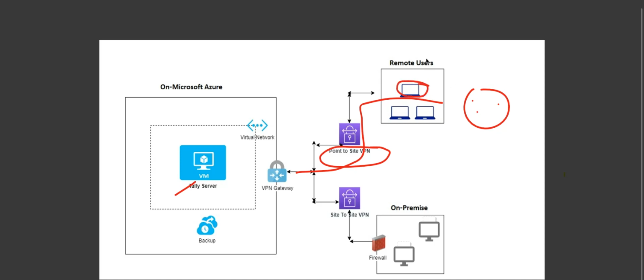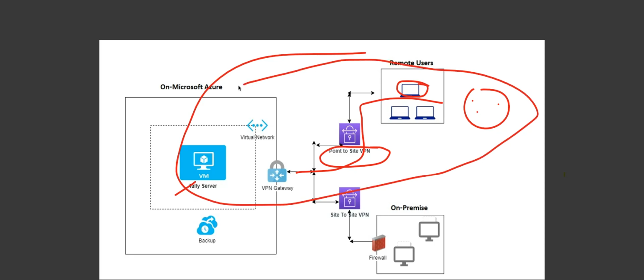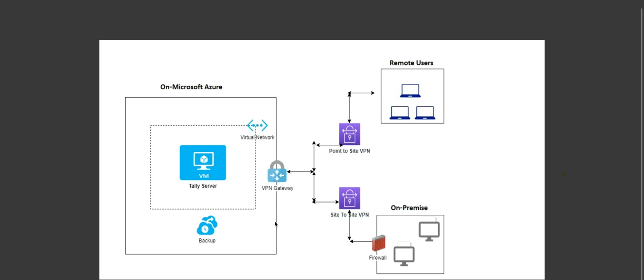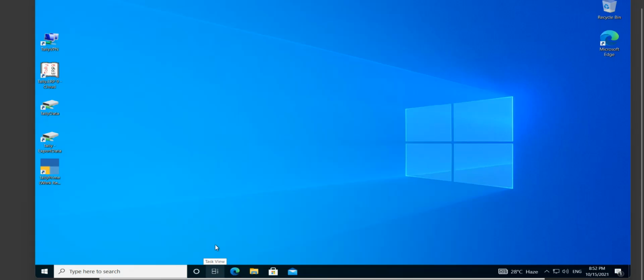In this scenario only authorized users can access the Cloud Tele application. I'm doing this due to security concerns, and please remember we have the capability to enable public access as well. I'm going back to the user PC right now.